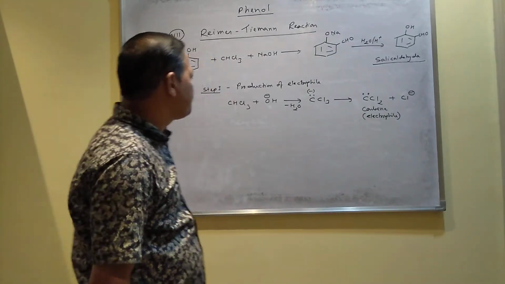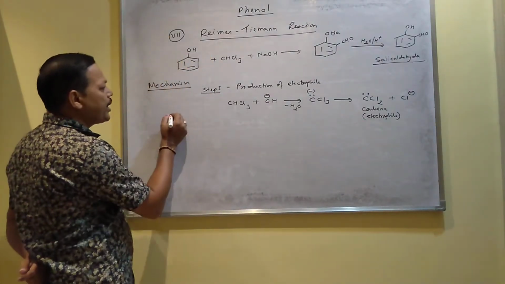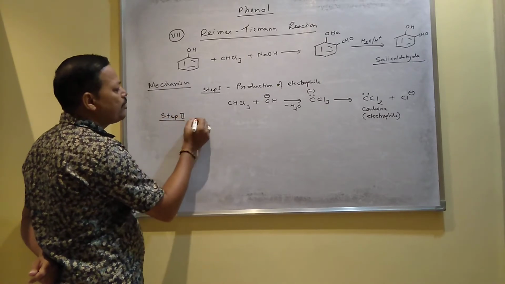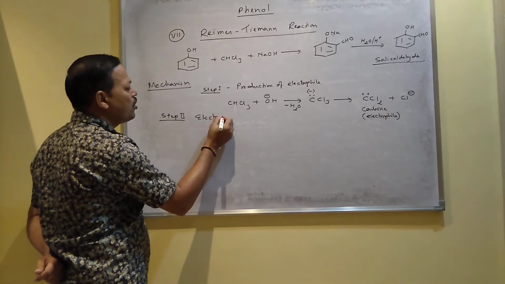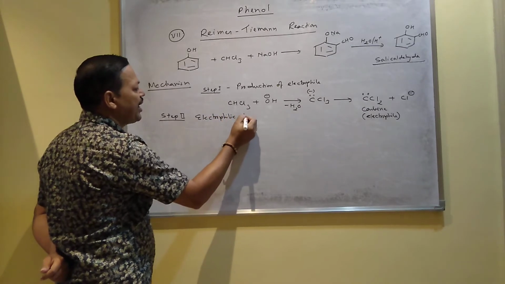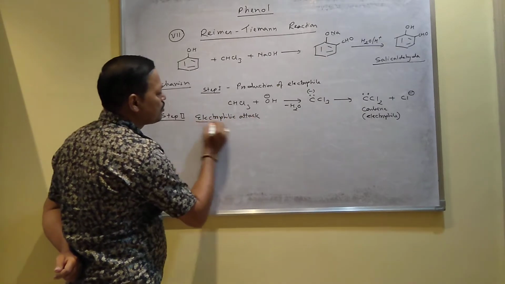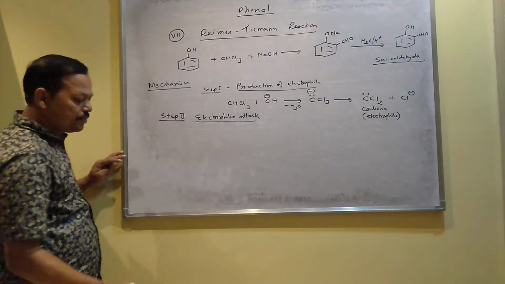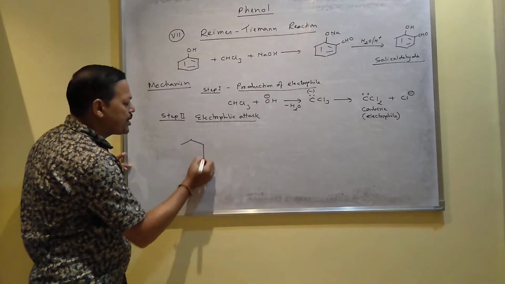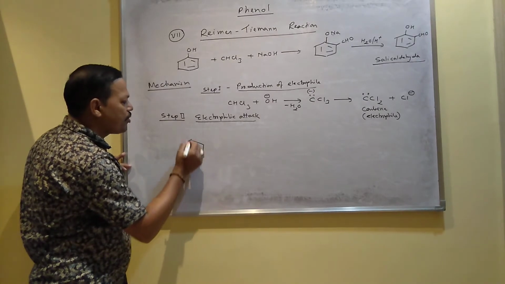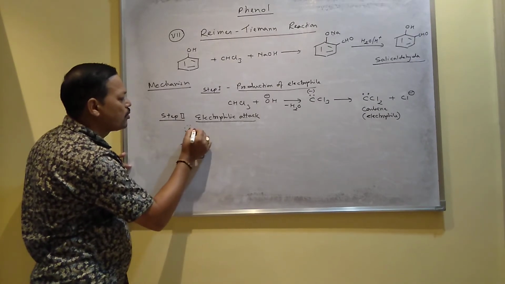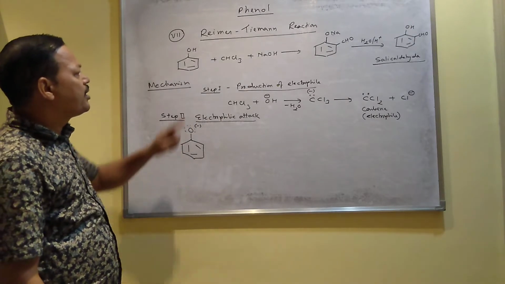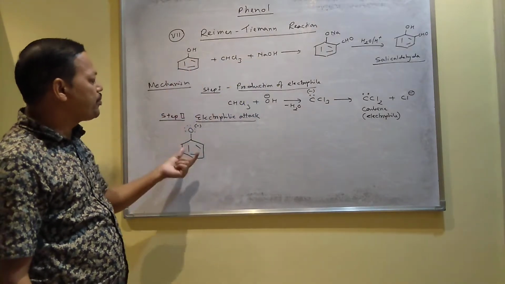Now in step 2, the electrophile will attack, that's why the step is called electrophilic attack. Due to the presence of base, phenol produces the salt with O minus, because you know phenol is an acid. An acid, when it combines with a base, always produces a salt.